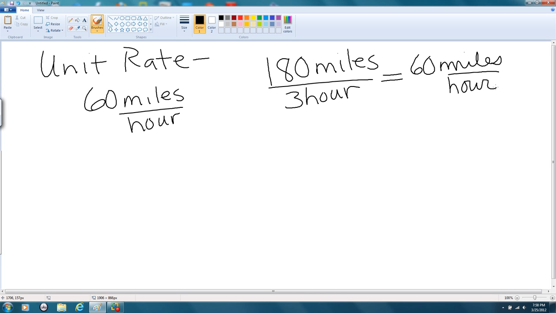Okay, this is used a lot in, for example, grocery shopping, for unit prices. It's always the dollars, the amount of money, over the quantity, whatever it is.